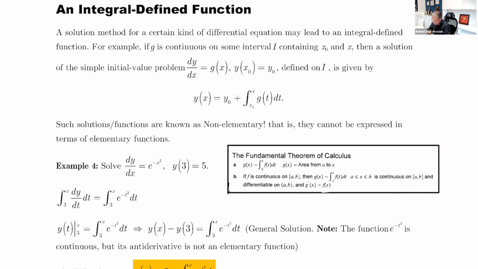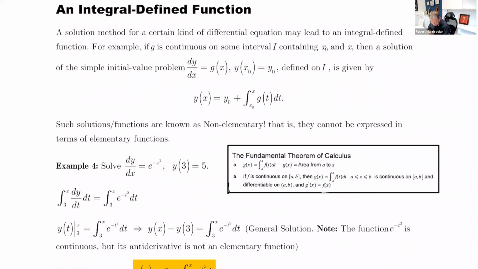In this case, f is continuous on [a, b], and g of x is also continuous on [a, b] and differentiable on the open interval (a, b). The derivative of that function g is just f of x.